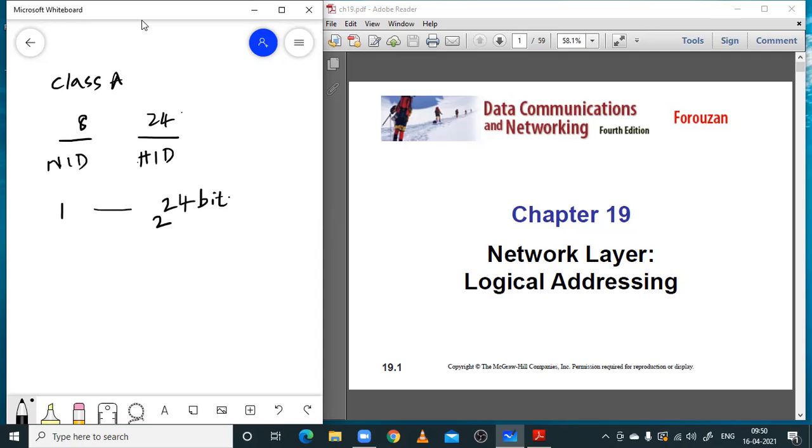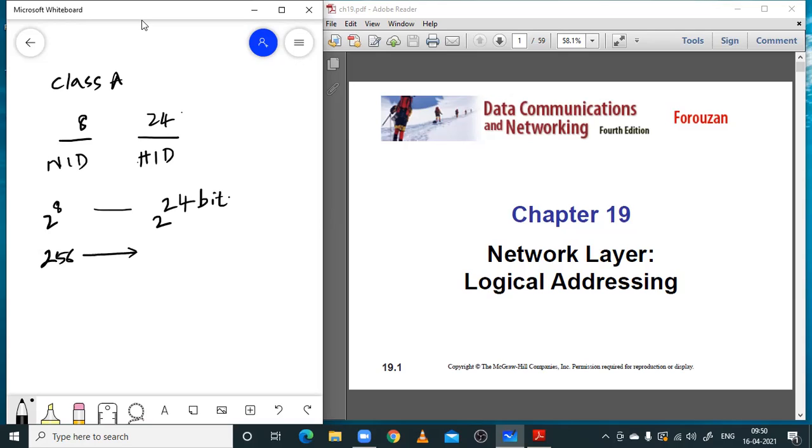Now coming to 2 power 8: there are 2 power 8 network IDs and 2 power 24 IP addresses. So 2 power 8 means how much? 2 power 7 is 128, so 256 network IDs are possible.